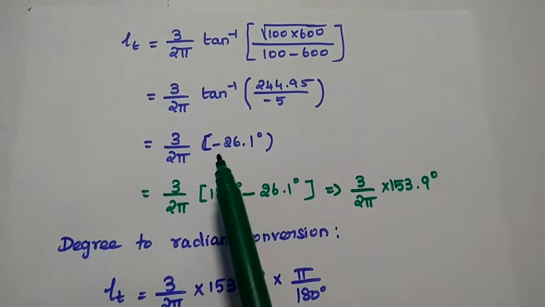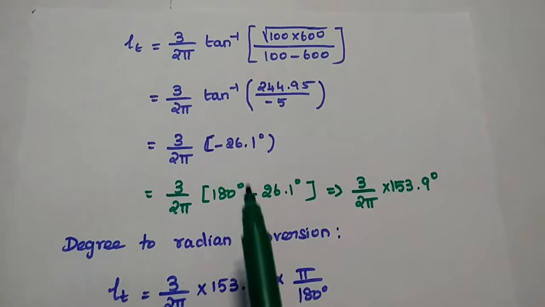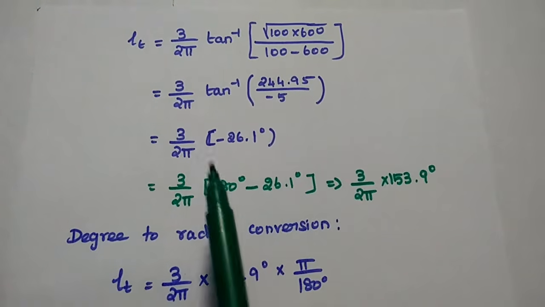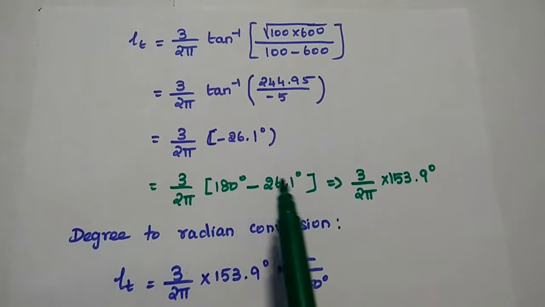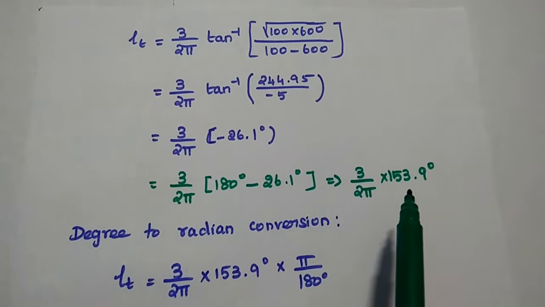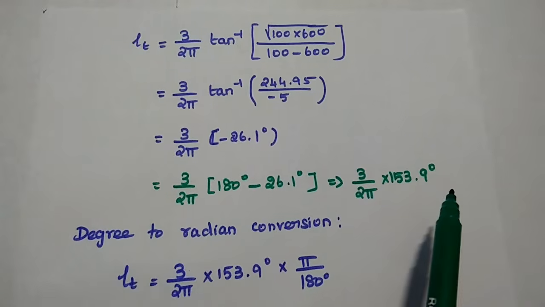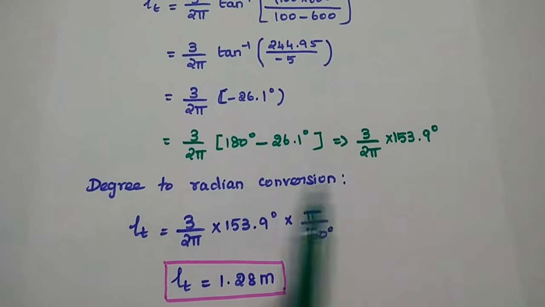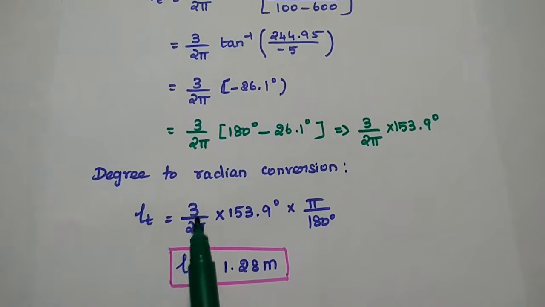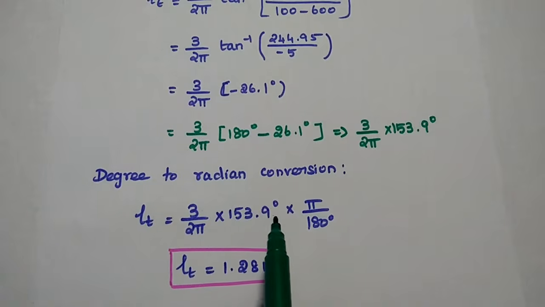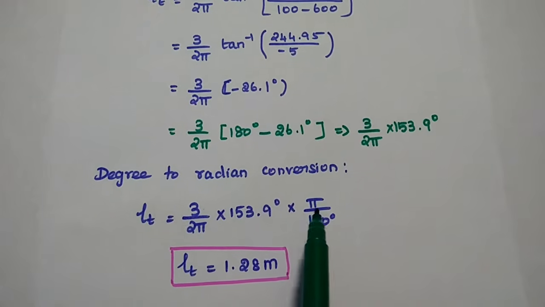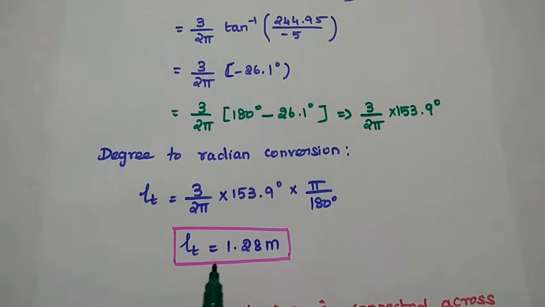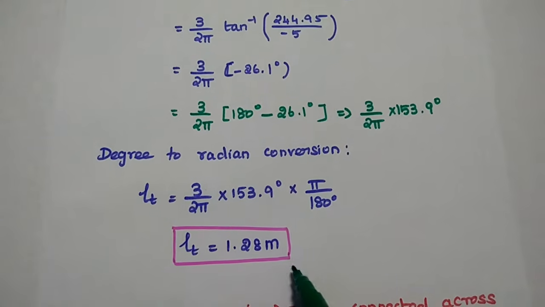Since the angle is in negative sign, we have to subtract this angle from 180 degree. So here it is equal to 3 by 2 pi, 180 degree minus 26.1 degree, which is equal to 153.9 degree. After that we have to convert this degree into radians. Then we can get the value as 3 by 2 pi into 153.9 degree multiplied with the value pi by 180 degree. Then we can get the answer as the length of the stub is equal to 1.28 meter.